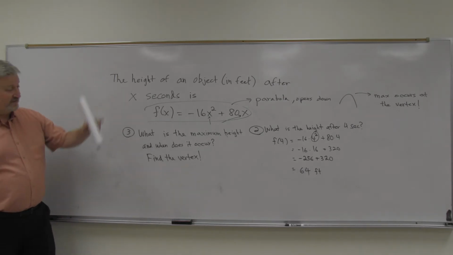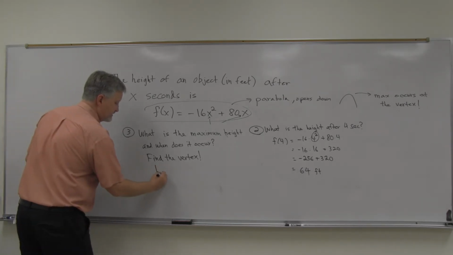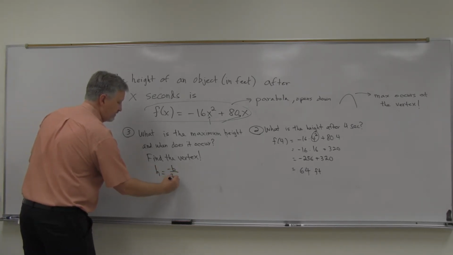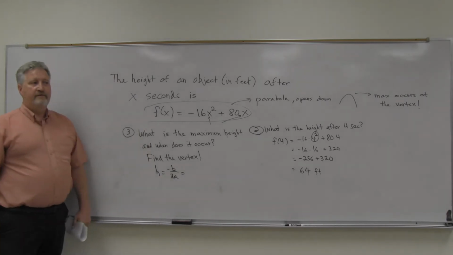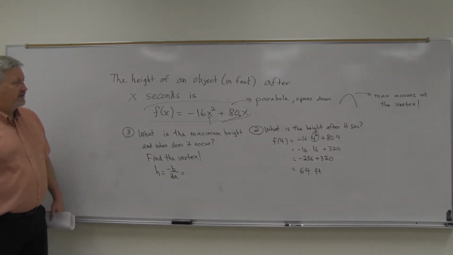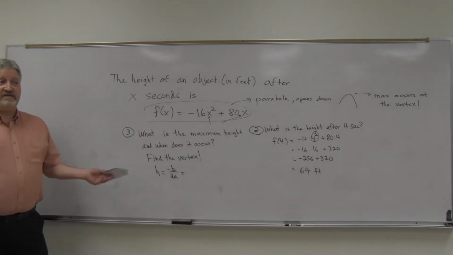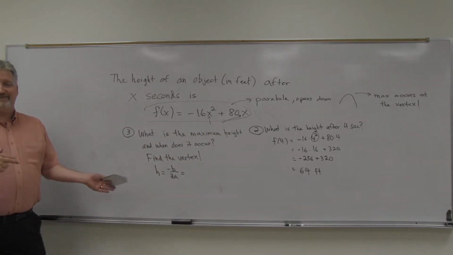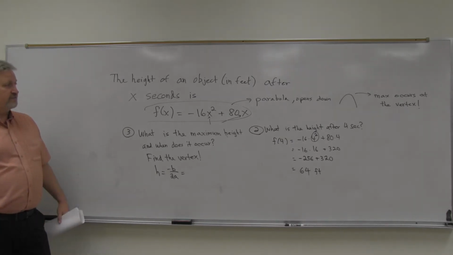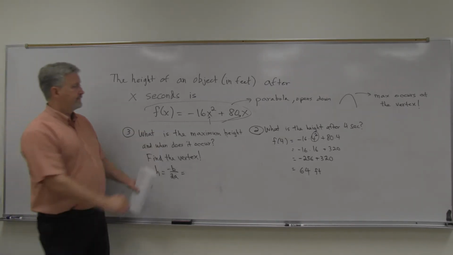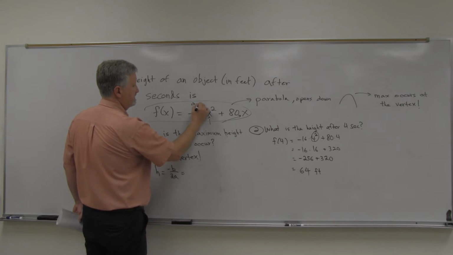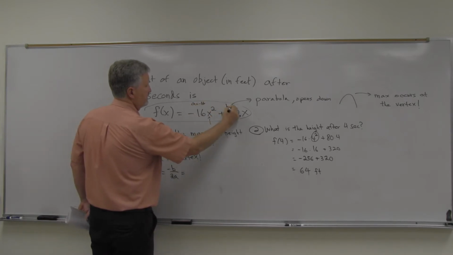Now, how do we calculate the vertex? The h is negative b over 2a. What's my b here? Note we're missing c, so c is 0, but that doesn't play into the h formula anyway. What's my a here? Negative 16, and b is 80.